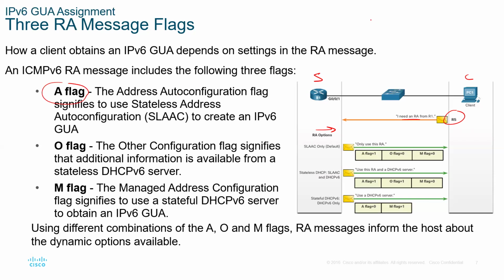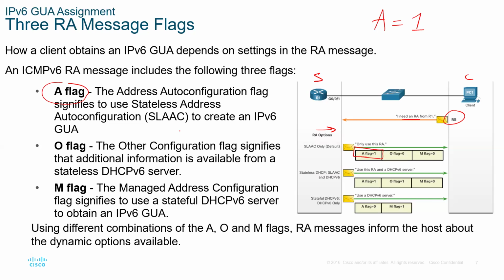If we have a value of A equal to 1 on our flag, for example here, it basically means the instruction is we are going to be using stateless auto configuration.